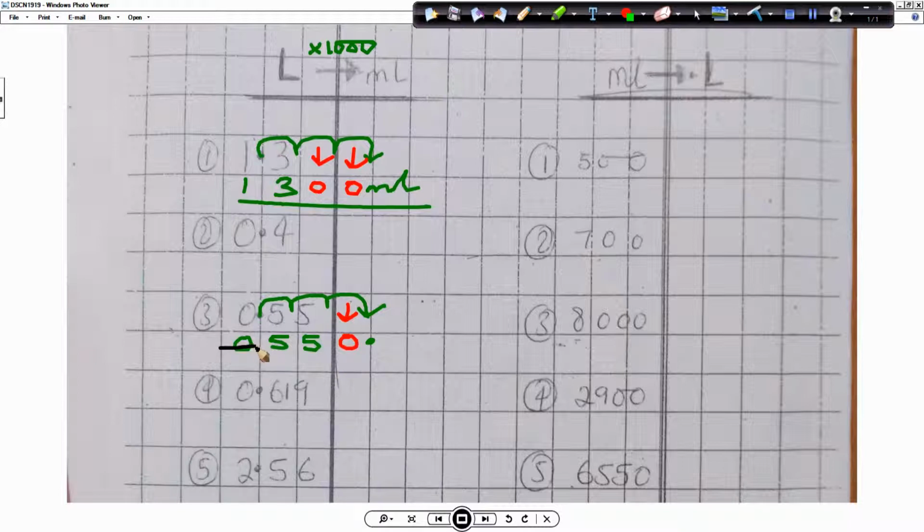Do we need the 0 at the front? No. The point at the end? No. So the final answer is 550 milliliters. I need to see all the steps in your work, the bits that we cut out, the bits that we don't need. Are you happy with those two questions? Yeah. They're nice and straightforward.